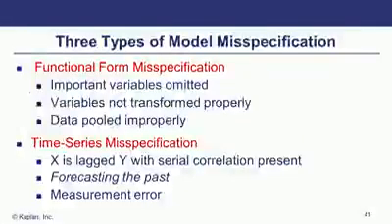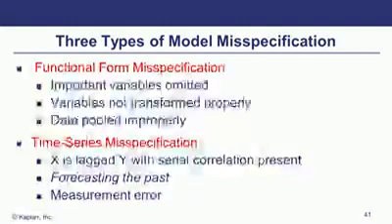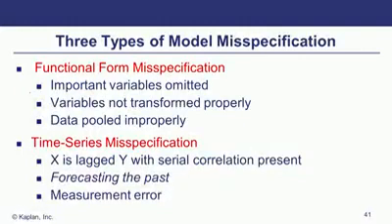Right, so here are different examples of misspecifications we may face. Functional form misspecifications. So this is where important variables are omitted. You either forget or fail to identify a relevant explanatory variable. Secondly, we may not transform a variable correctly. The most common occurrence of that is when we've got a variable that exhibits exponential growth.